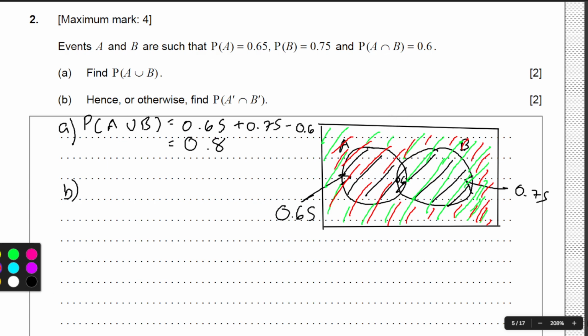So what we can understand from this is that, remember that the probability of everything is 1.